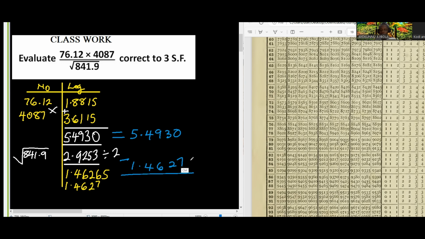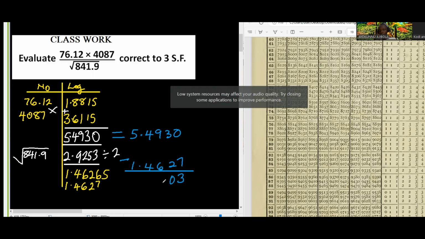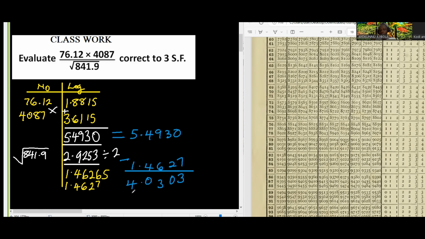So when we subtract, 0 minus 7 is not possible. So 10 minus 7 is 3. 2 minus 2 gives me 0. 9 minus 6 is 3. And 4 minus 4 is 0. 5 minus 1 is 4. Then I have 1.